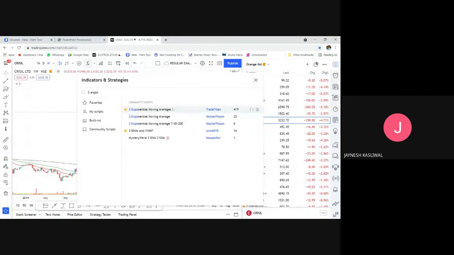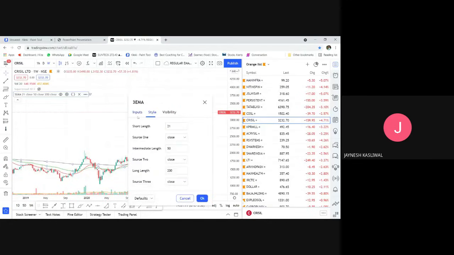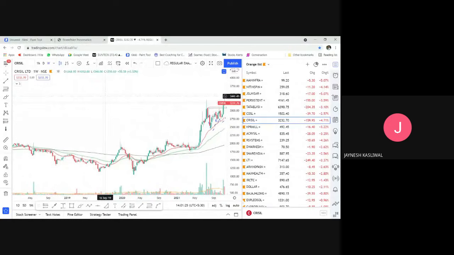You will get 3 exponential moving averages by Trade Titan, and you can apply it. I am using the settings 21, 50 and 200. The red line is the 21 line, the green line is the 50 line, and the black line is the 200 EMA line. These are the basic settings that I hope everyone might already know. So I'll just hide the moving averages.